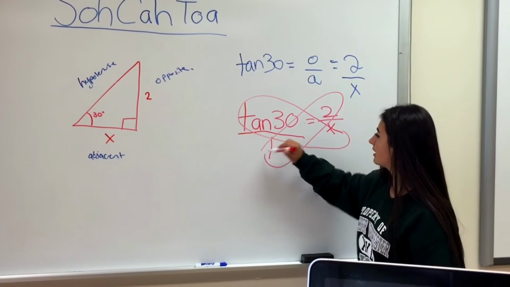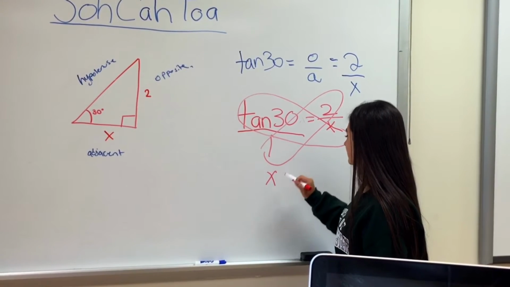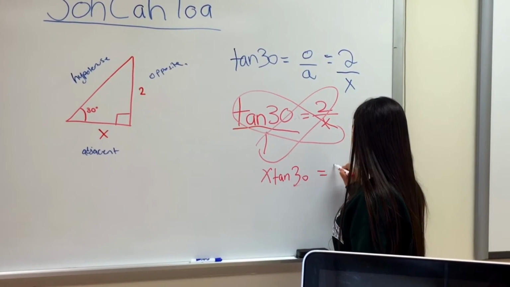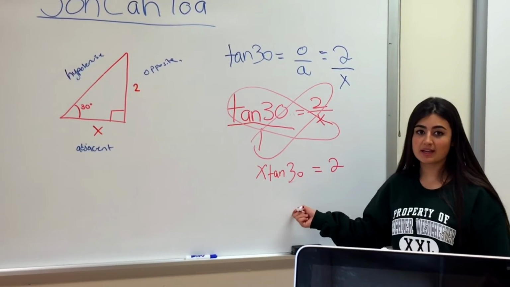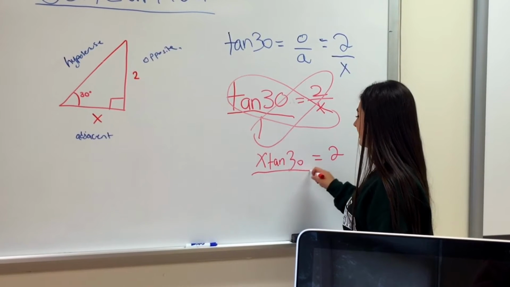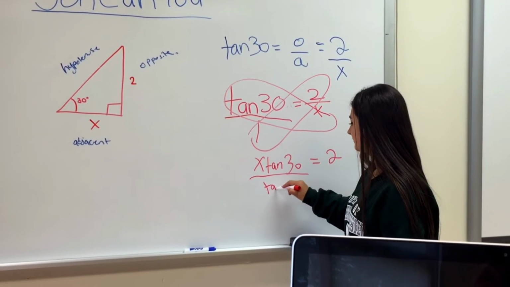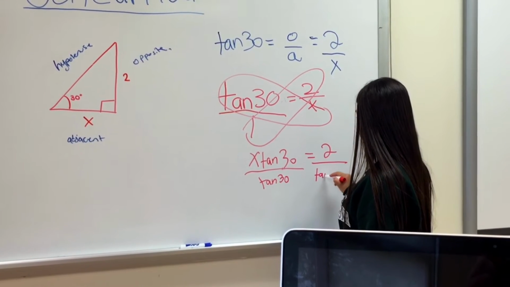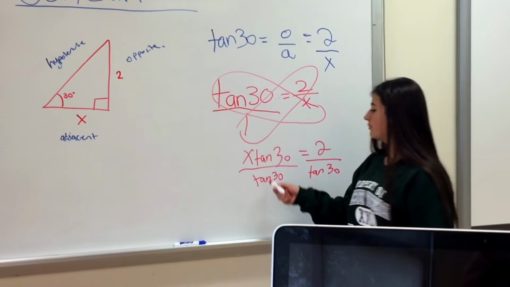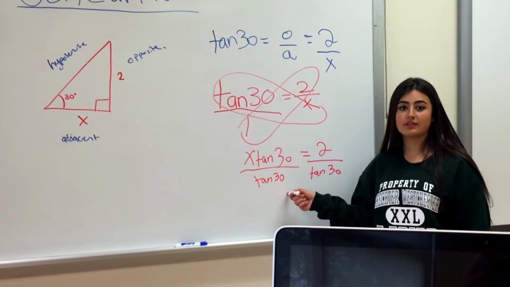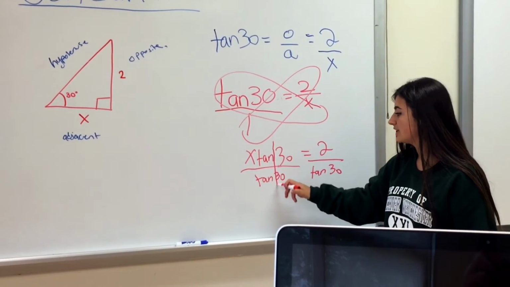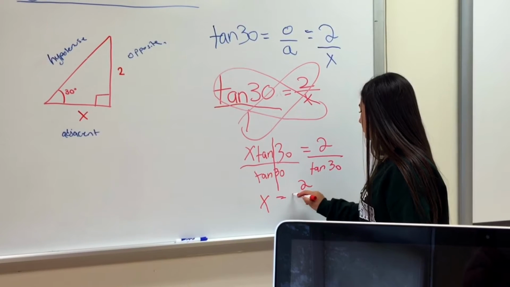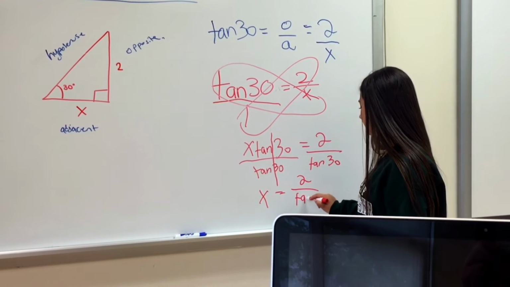When you cross multiply, you get x tan 30 equals 2. You want to get x by itself, so you divide by tan 30 on both sides. There are 2 tan 30s, so they cancel out, and you get x equals 2 over tan 30.